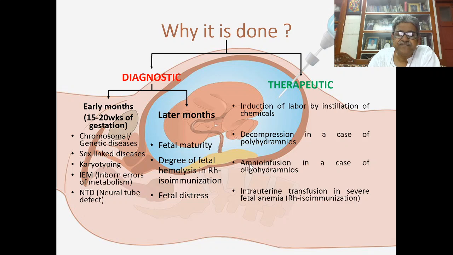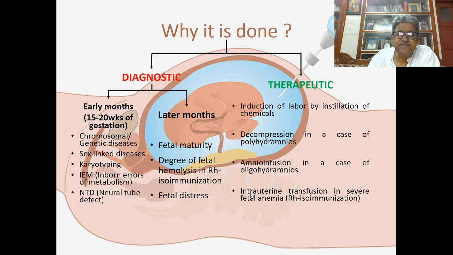Another is amnioinfusion in case of oligohydramnios. What does it mean? Oligohydramnios means the amniotic pressure is much lower than normal, which may lead to different types of defects, like respiratory problems, poor development of the hind legs, poor development of the brain, and such different types of defects may be noticed.